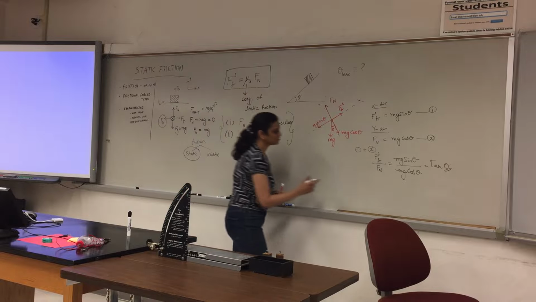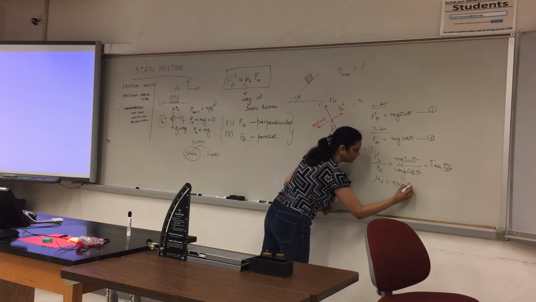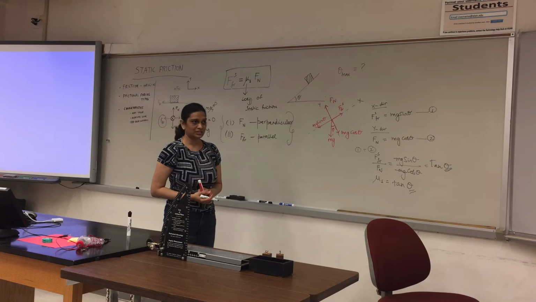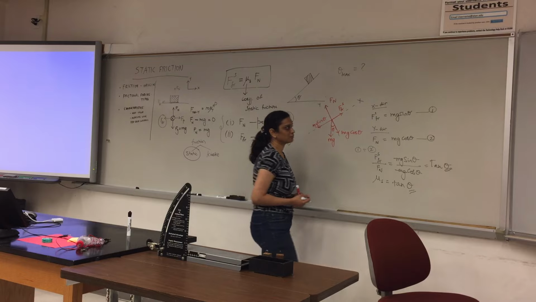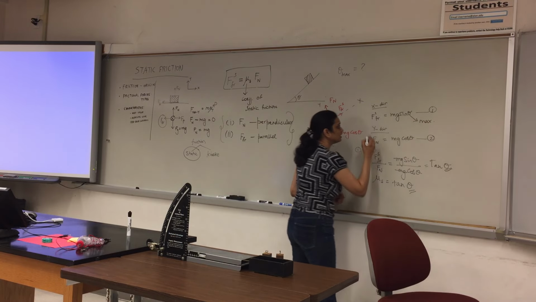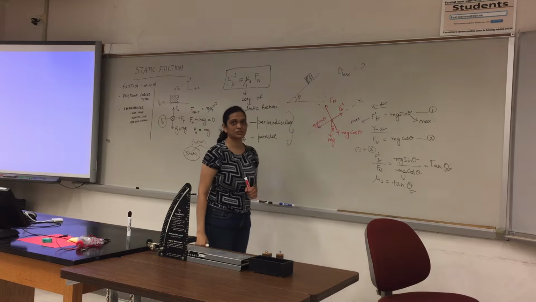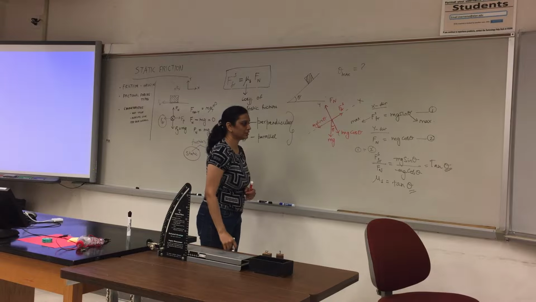The ratio of that is basically mu s, which is tan theta. So I can find out the value of theta at which I get the maximum static friction force. If I know the maximum value of theta, then I can find out the maximum static friction that I will have to overcome for the box to slide down.